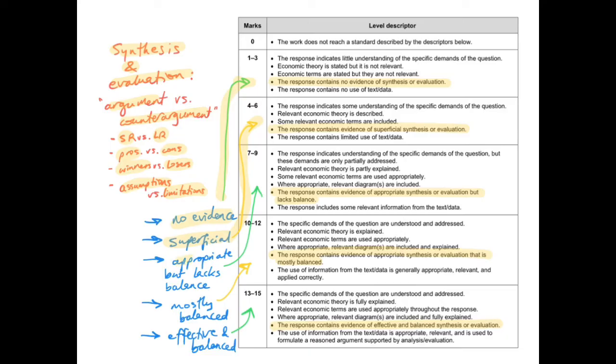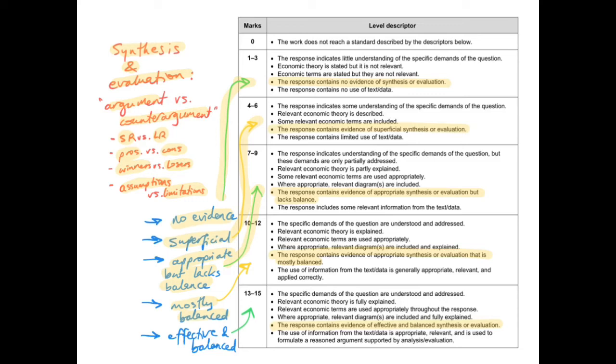If there's appropriate evidence of synthesis and evaluation, but it's unbalanced, it lacks balance, that will keep you on a level 3. If there's evidence of appropriate synthesis and evaluation and it's mostly balanced, remember, whenever you provide an argument, try to write however and then provide a counter argument.